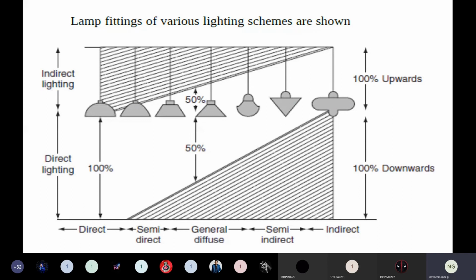For direct lighting and semi-direct lighting, the first type of reflectors are used; for general lighting, the fourth type of reflector is used. For semi-indirect, the fifth and sixth types of reflectors are used. And for indirect lighting, you are using the seventh type of reflector.